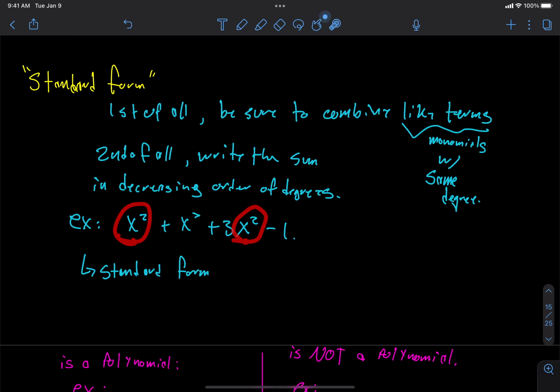It's like 1 apple plus 3 apples is 4 apples, right? I also need to write it in decreasing order of power. 7 is the highest power that I see, so I'm going to write this as x to the power 7 plus 4x squared minus 1. That's all that we mean by standard form. Make sure you combine all like terms and write this in decreasing order of degree.